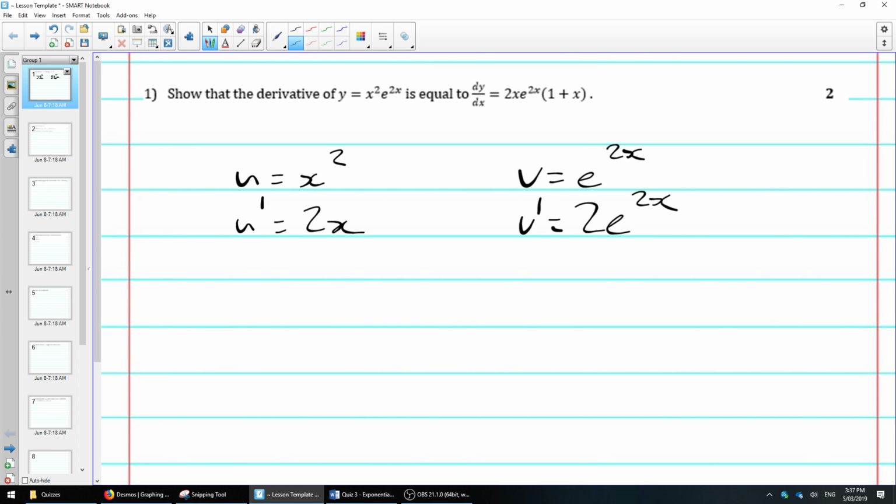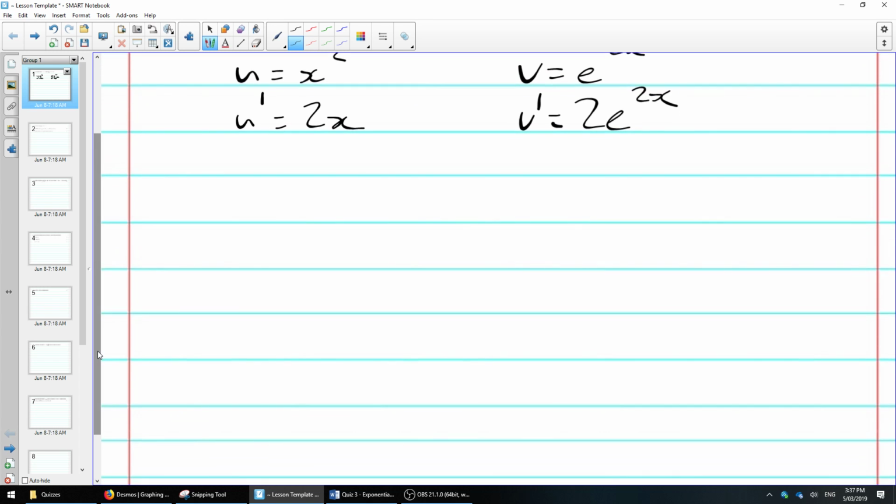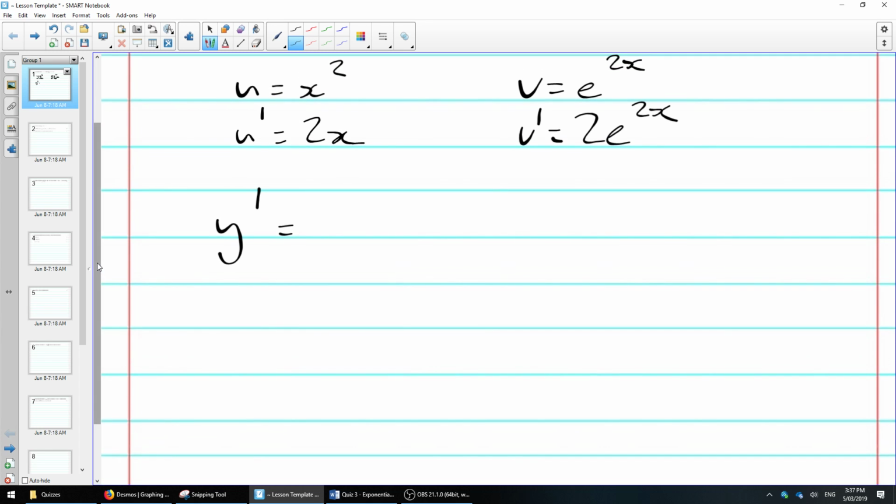I will be asking you questions as we go through. So remember to differentiate that, we differentiate the power, bring that out the front. So now, from that we can use our product rule. We have y dash equals, so remember we do that times that, so 2x e2x plus 2x squared e2x.